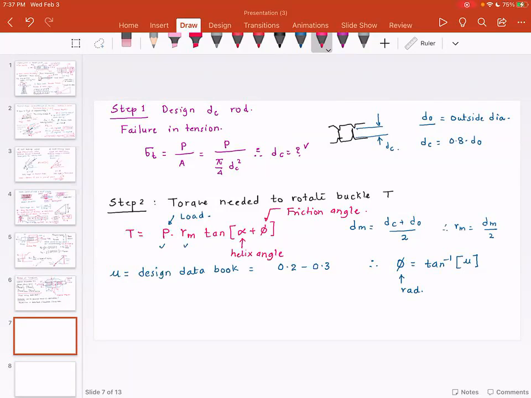So I can find out the value of phi, and now we have to find out the value of alpha. Now alpha usually depends upon the design parameters. Typically, I have seen the values of alpha go from 7 degrees to 14 degrees. And many a times they will tell you that this is the helix angle that we want to use.